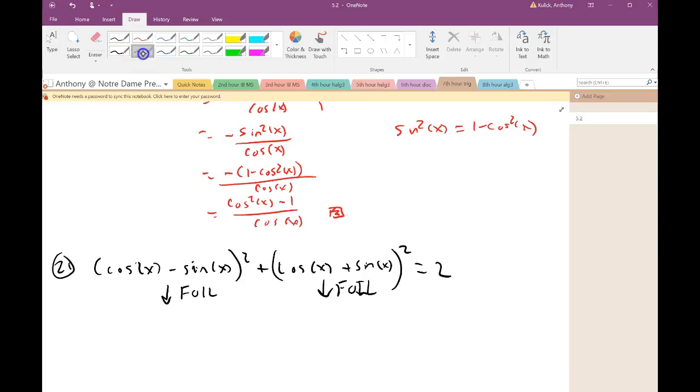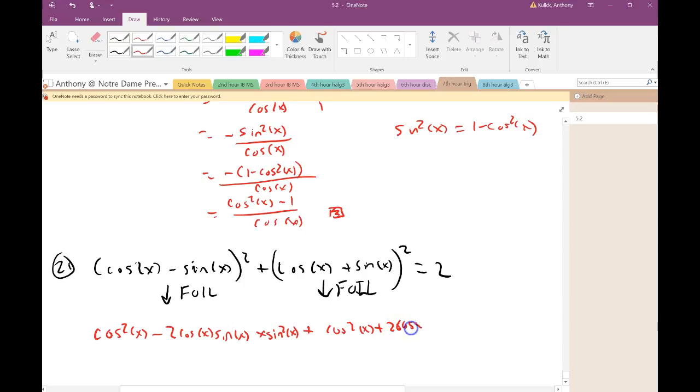Are we sure? Okay. So I'm going to get cosine squared minus 2 cosine x sine x plus sine squared from the first one. And then from the second one, I'm going to get cosine squared plus 2 cosine x sine x plus sine squared.